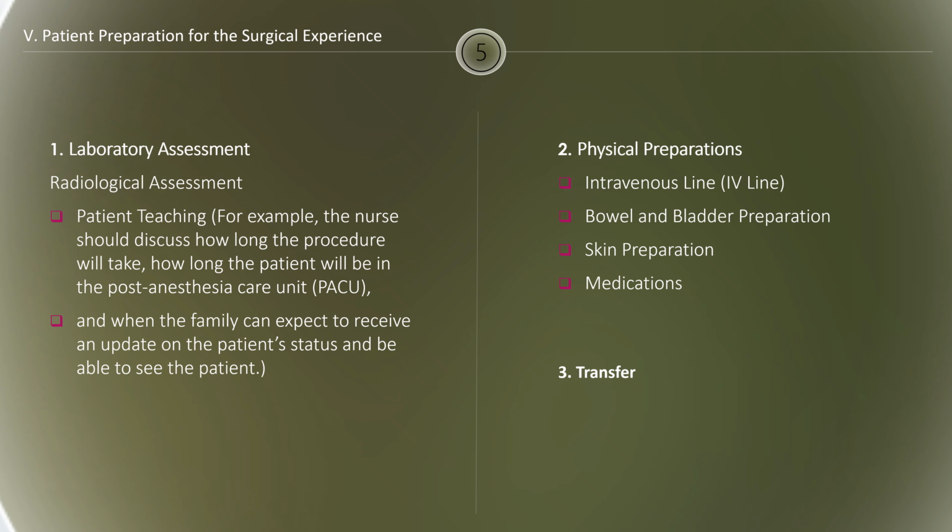Common labs: type and screen, like blood ID bracelet for cross match, CMP, renal failure baseline, coagulation studies, clotting time, bleeding risk, CBC like hemoglobin, hematocrit, and white blood cells. That is for infection. Urine analysis, glucose, protein, ketones, infection signs, hydration.